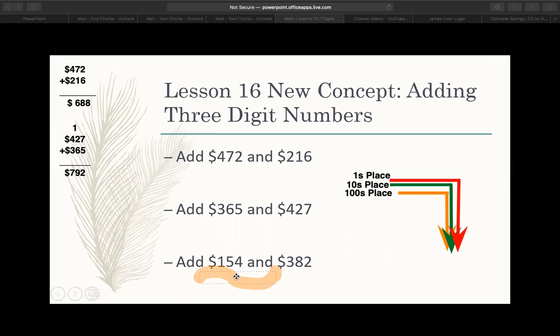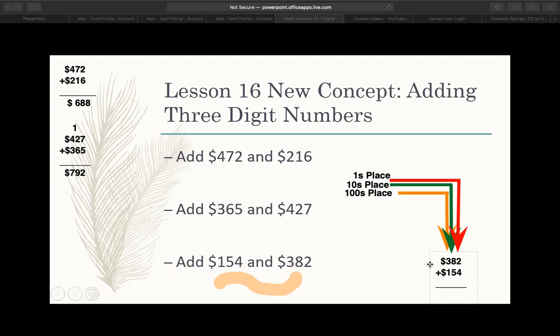Our next problem, add $154 and $382. Which one out of these two numbers is the greater number? If you said 382, that is right. 382 is greater than 154.